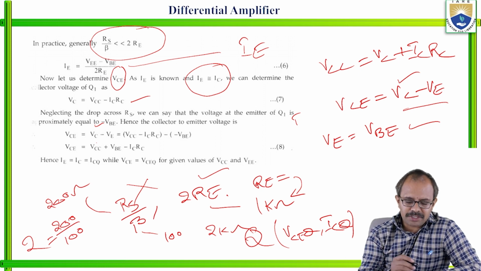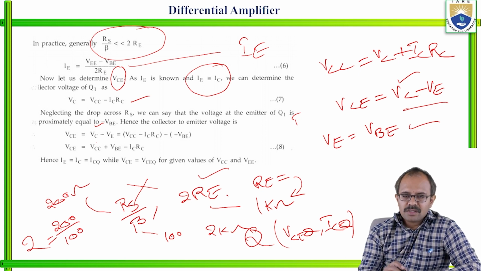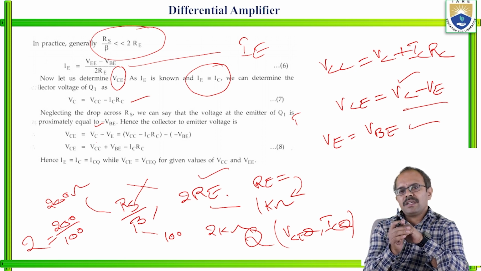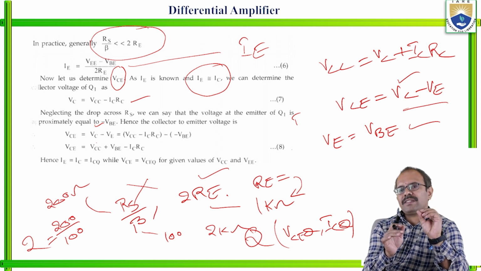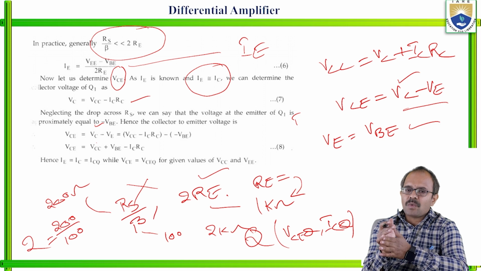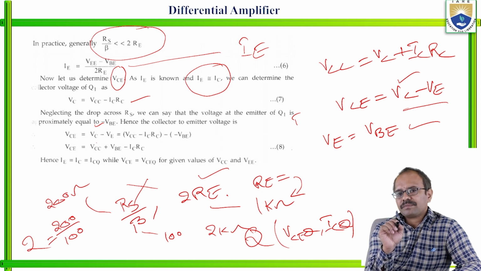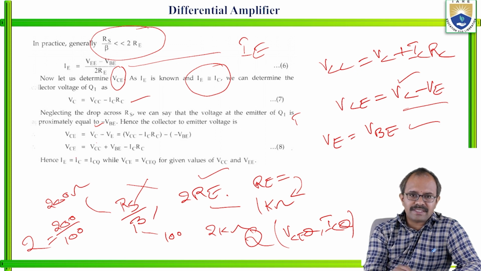So rewrite the expression once again for VCE. We start with VCE is equal to VC minus VE, and we substitute the value for VC, whatever is obtained from the biasing voltage. Then considering the basic assumption, VE is equal to VBE. So the equation becomes VCE is equal to VCC plus VBE minus ICRC, right?